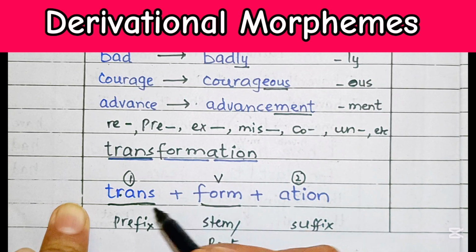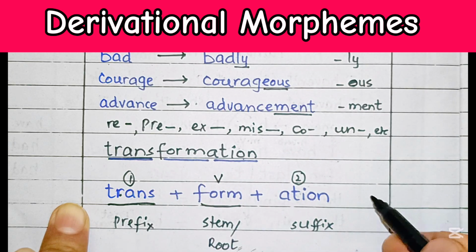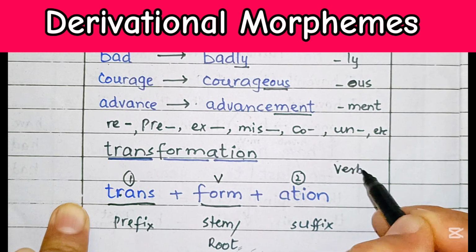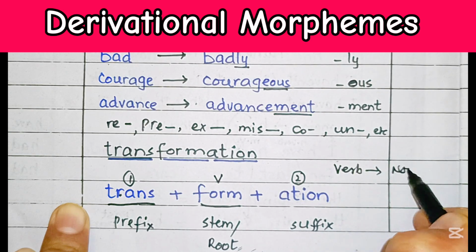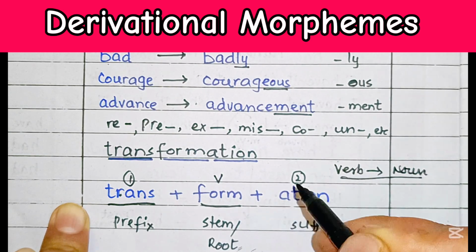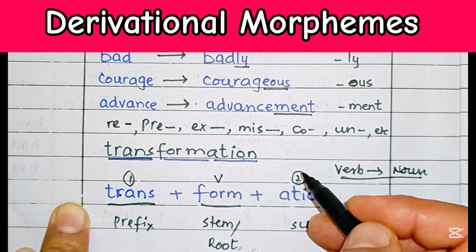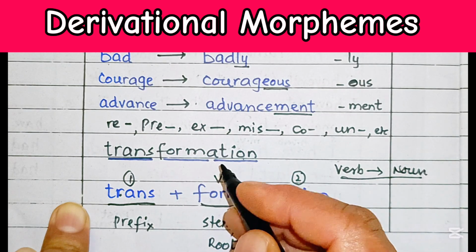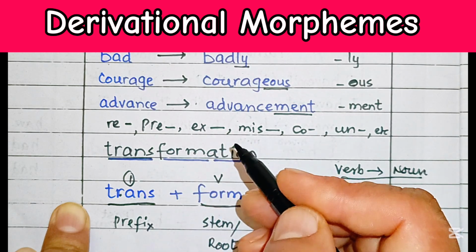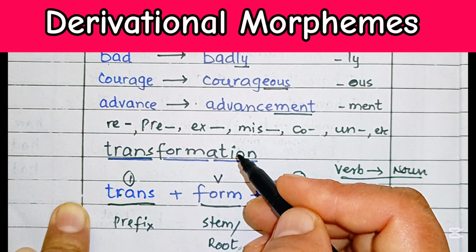The form was a verb, but now it has become a noun. So from verb to noun, the change is brought by derivational morphemes. But it is not compulsory, as I mentioned, that derivational morphemes change the grammatical category of a word, but not always.